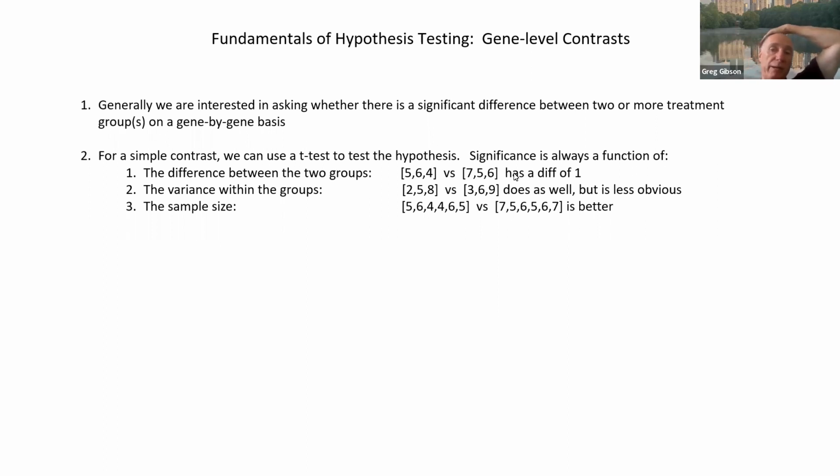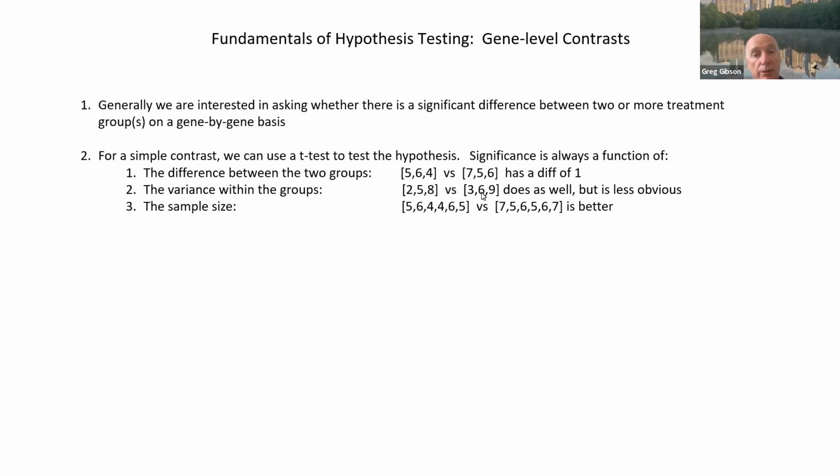What's meaningful is to say whether that one is large or small relative to the variance within the groups. So just to illustrate that, if I did another experiment where I have a different gene in the platform, and that gene actually has measures of 2, 5, and 8 compared to 3, 6, and 9, then here the mean is still 5, and the mean is still 6, but this is 5 plus or minus 3.